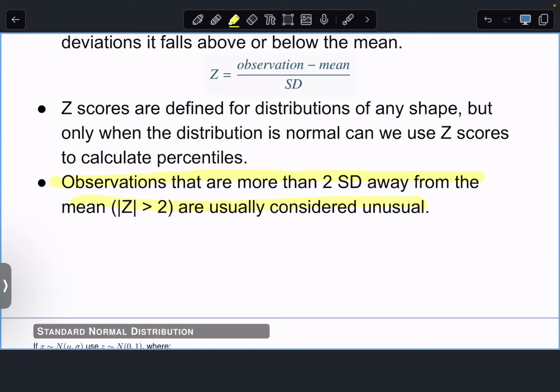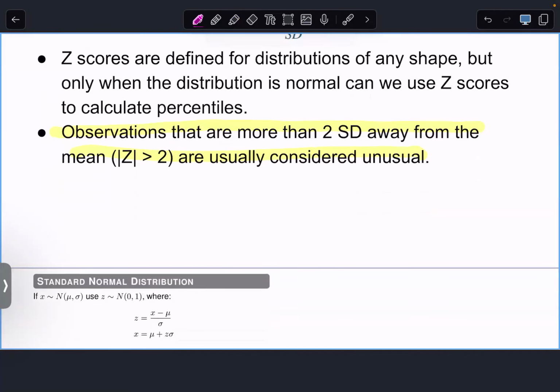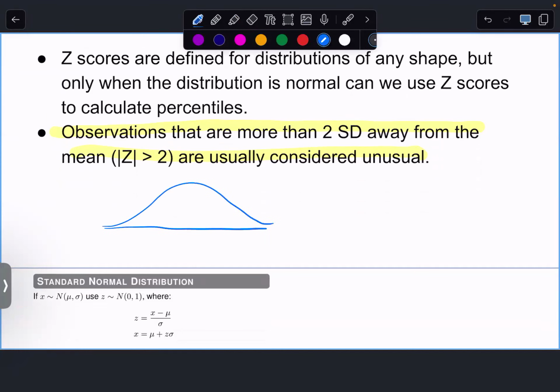And so as a rule of thumb, anything that's more than 2 standard deviations away from the mean will be considered unusual. And so what does that look like? Z is centered on 0, -1, -2, +1, +2. This is Z. I can't resist.